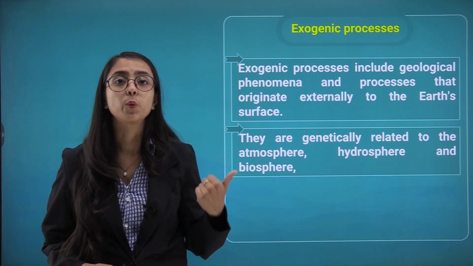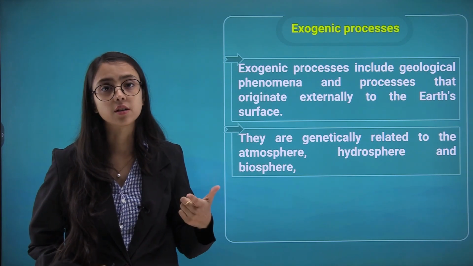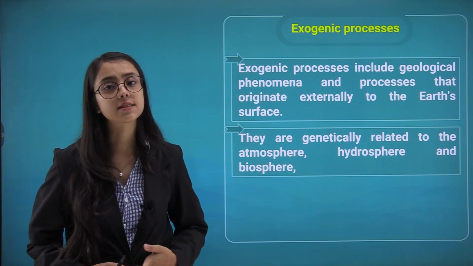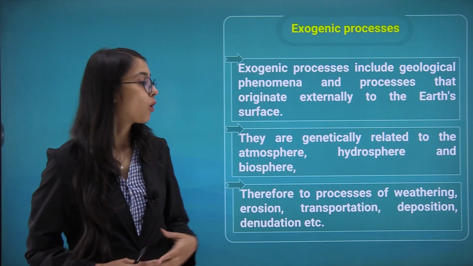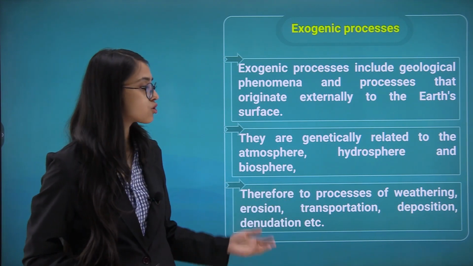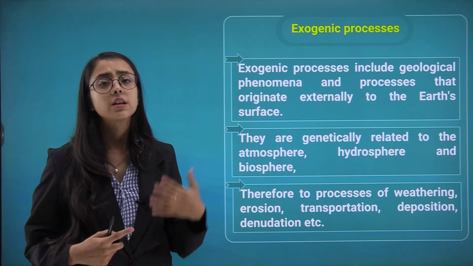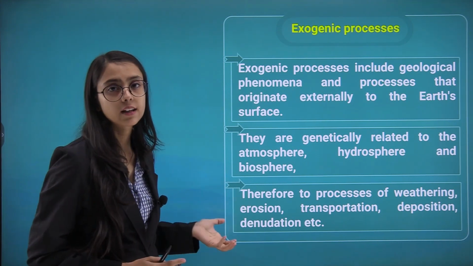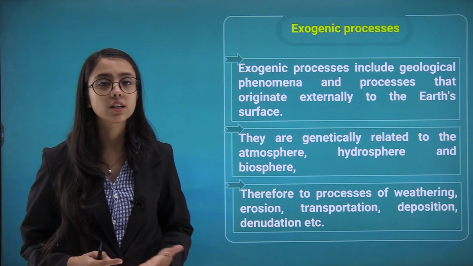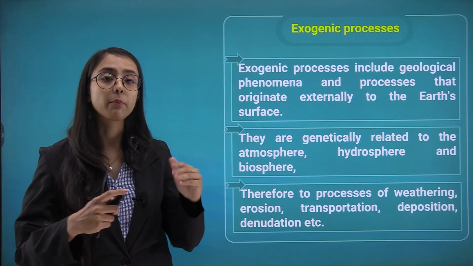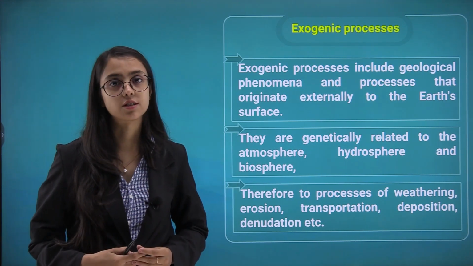For example, wind or water, ice, glaciers, etc. Therefore, the processes of weathering, erosion, transportation, sedimentation, deposition and denudation are all factors that change the surface of the earth from time to time, but they happen on the surface of the earth.